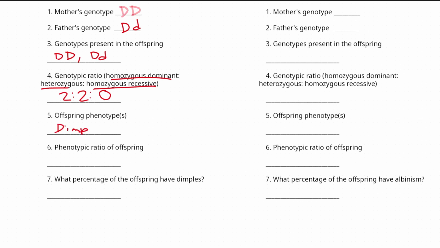Okay. The phenotypic ratio of the offspring. So we have 4 with dimples, and then none of them that don't have dimples.